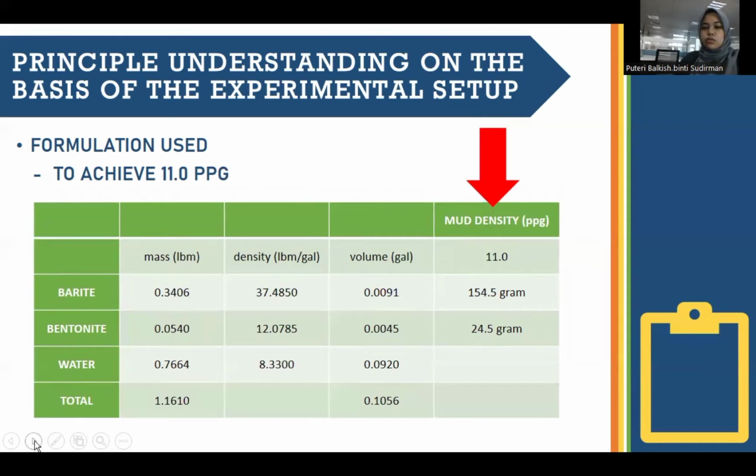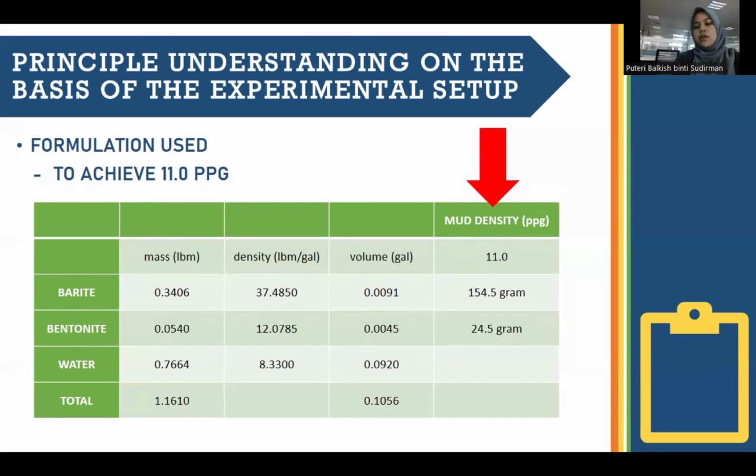Next, in order to achieve 11 ppg, the mass of barite will be 0.3406 lbm, bentonite will be 0.054 lbm, water will be 0.7664 lbm. The total mass will be 1.161 lbm.